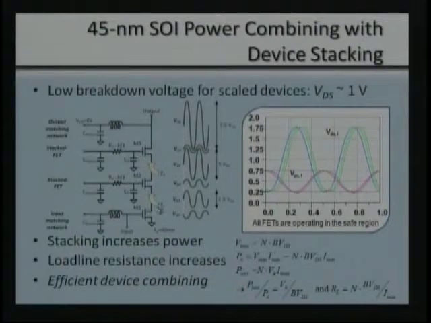Because we're stacking the transistors, the maximum voltage that can be applied is the number of transistors times the breakdown of each device. That means that the optimum load impedance for the transistor can be increased by a factor of n as well. So we don't need complicated matching networks at high frequencies.